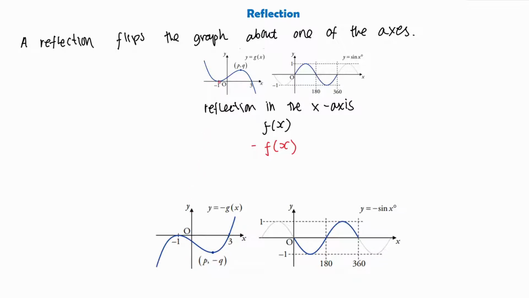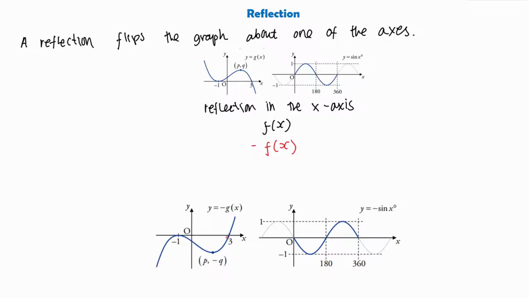So as you can see, this point here, -1, 0 is going to stay where it is, but everything above this is simply going to flip to be down. And as you can see, this point here, P, Q, is going to become P, minus Q. You can see the x coordinate again staying the same, but the y coordinate will be changed with a negative in front of it. And this point here, again, 3, 0 will just stay 3, 0.